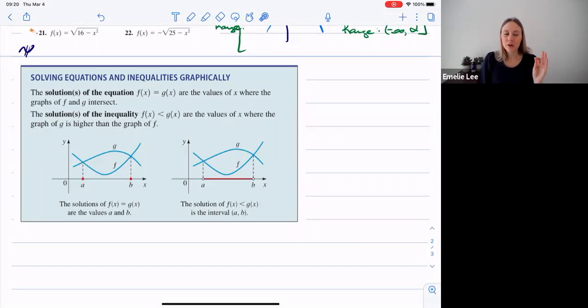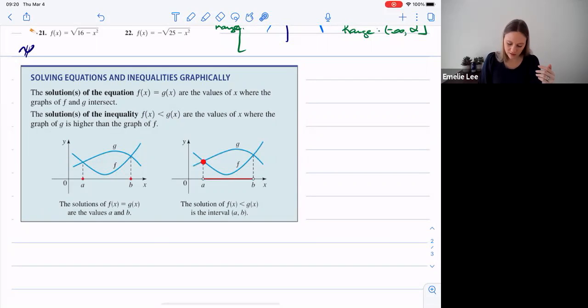The one that's a little bit harder to think about is when is, for example, f of x less than g of x? So now you need to think about f of x is the outputs of f, and g of x is the outputs of g. So now you need to think about the y values in terms of f and g, right?